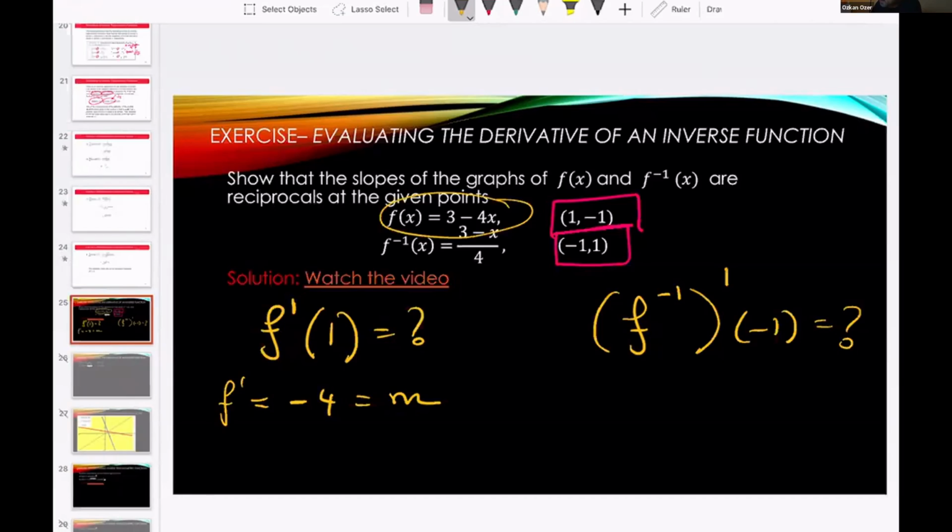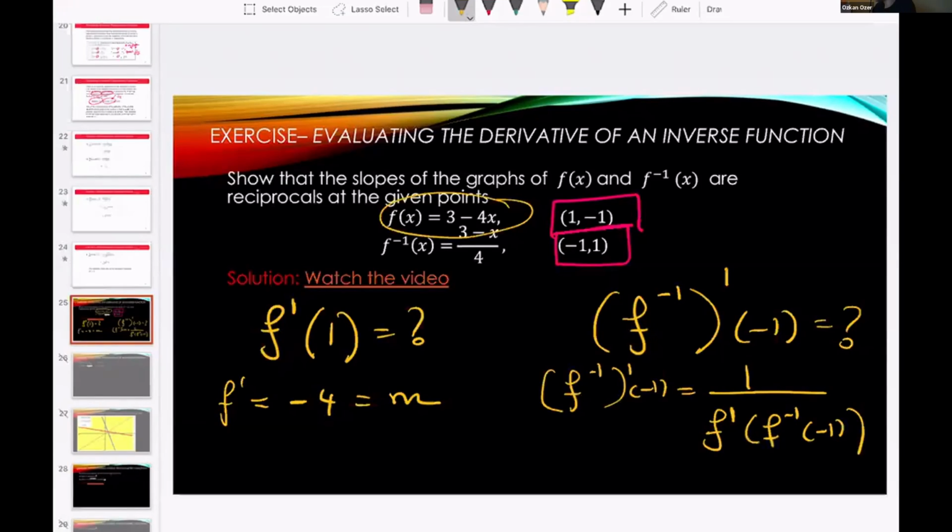For the other one, I have to use the formula: f inverse prime at negative 1 is 1 over f prime of f inverse of negative 1. This formula was something that we derived earlier, so that's a good application of that.